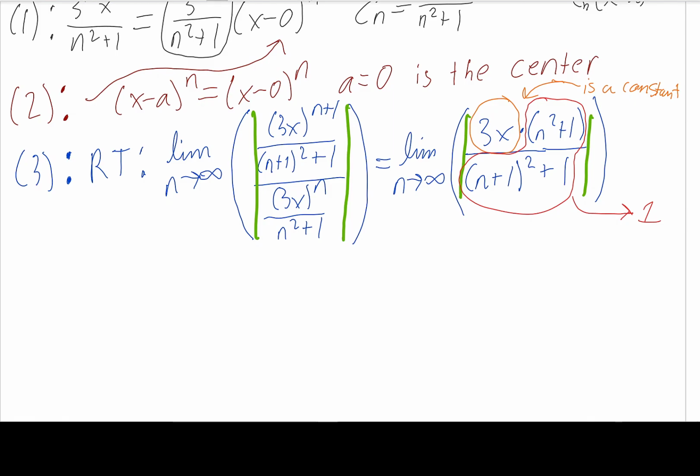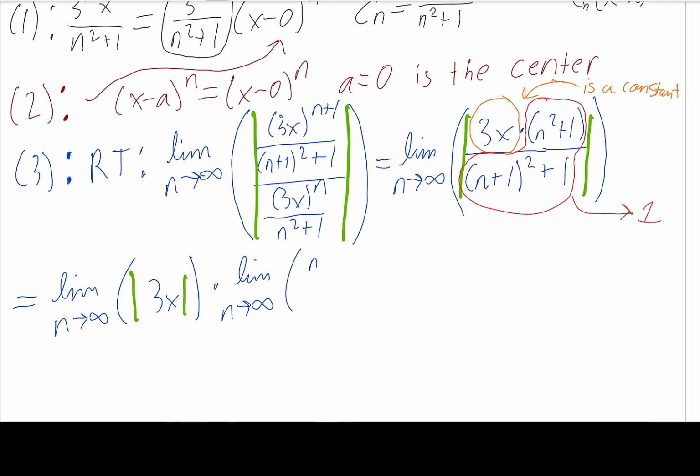Now, to show you the math that's happening here, we can look at this as the limit as n goes to infinity of the absolute value of 3x times the limit as n goes to infinity of n squared plus 1 over n plus 1 squared plus 1.